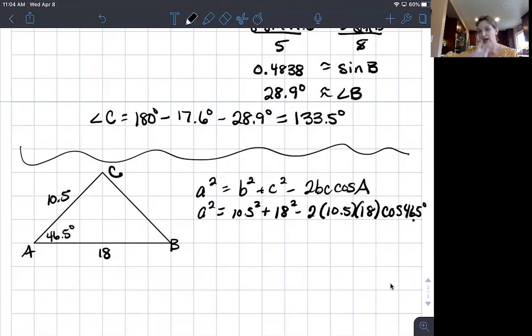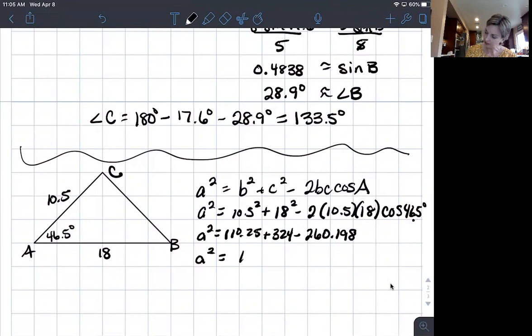Okay, so the entire thing on the right now is just using our calculator to help us do some number crunching, right? So 10.5 squared is 110.25, and 18 squared is 324. Cosine of 46.5 degrees times 18 times 10.5 times 2 gives me 260.198.